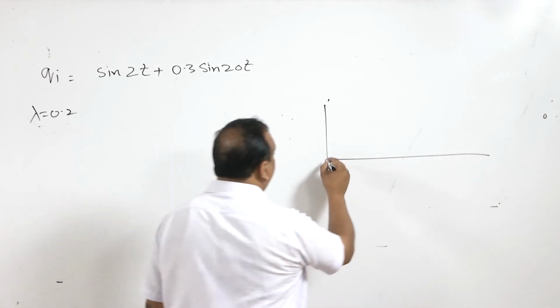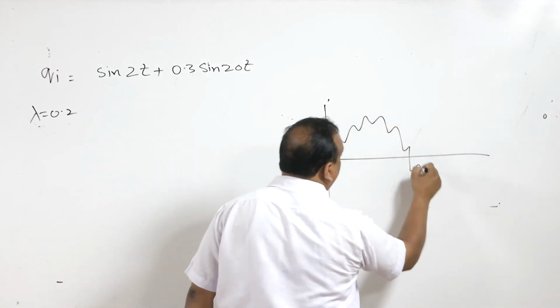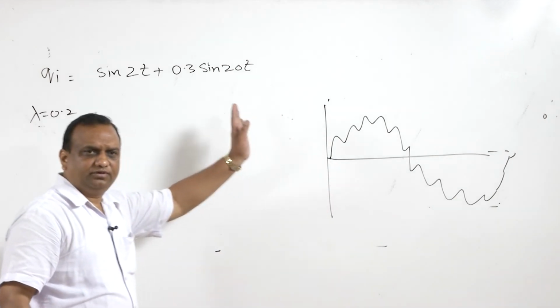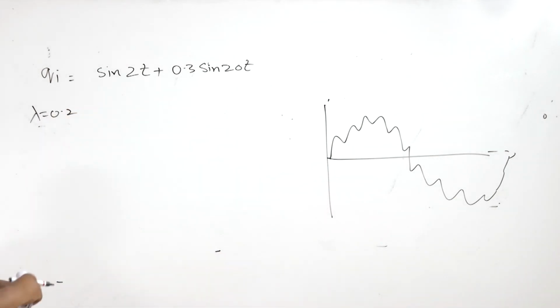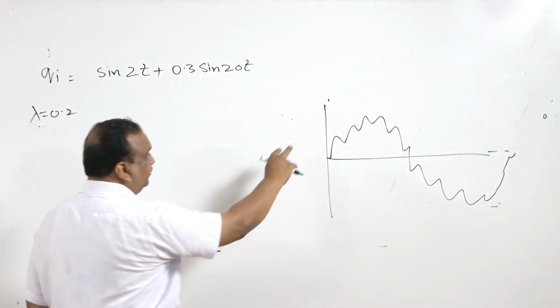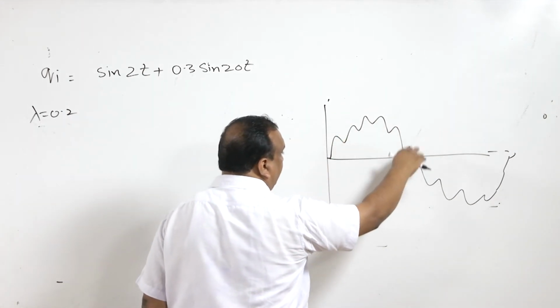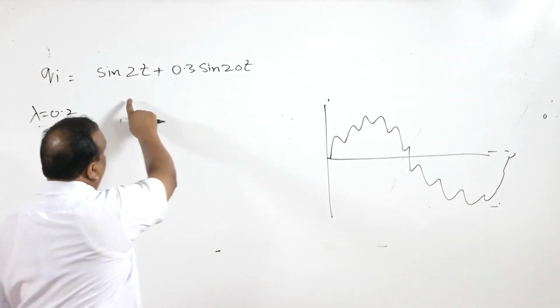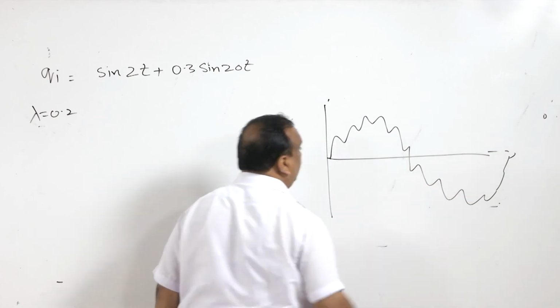So we will get waves something like this if we superimpose these two waves. Here the amplitude is 1, here the amplitude is 0.3, so there is going to be substantial variation in the amplitude also. So the ultimate waveform out of this equation is going to be like this.